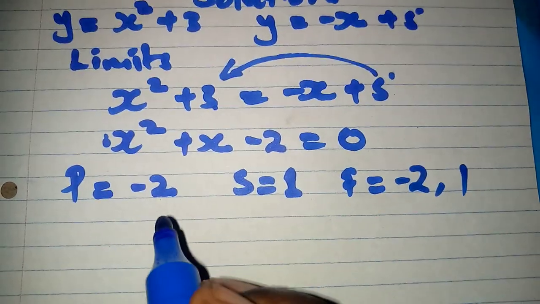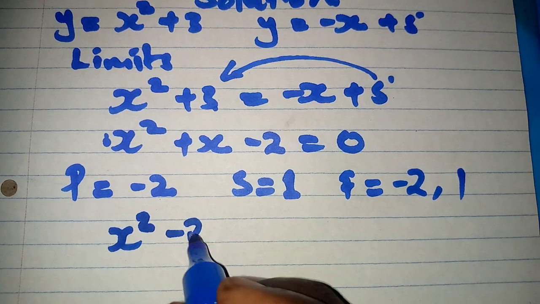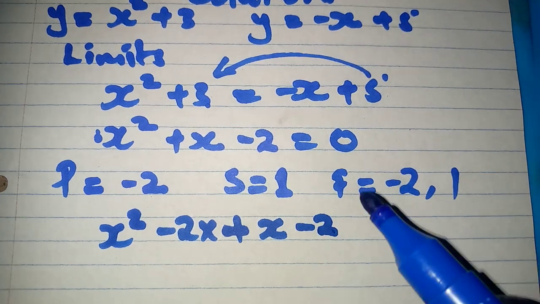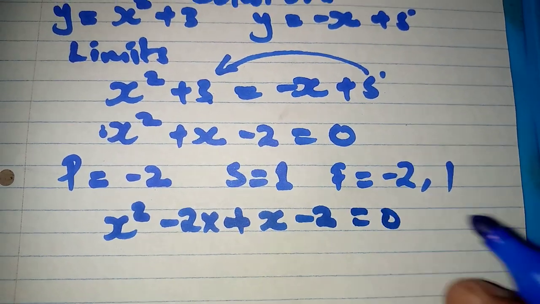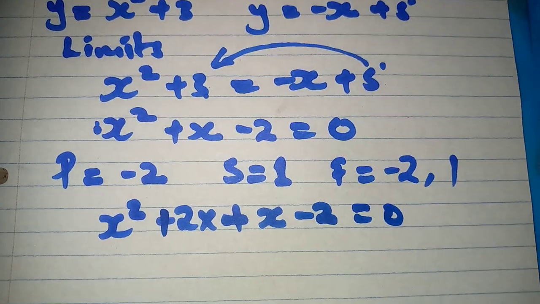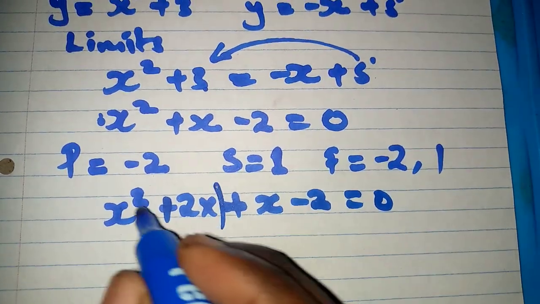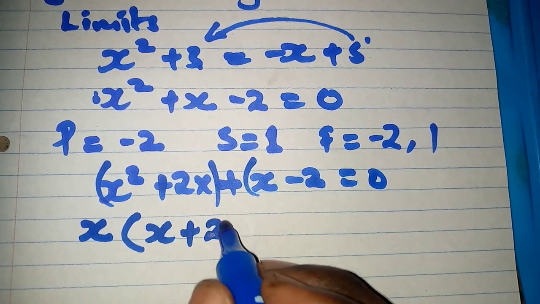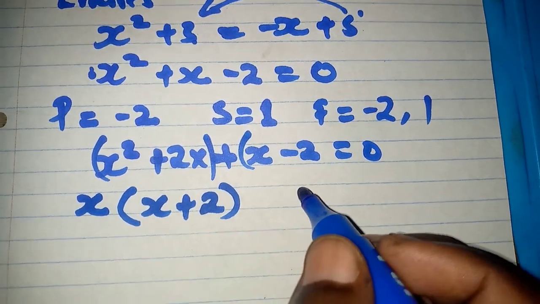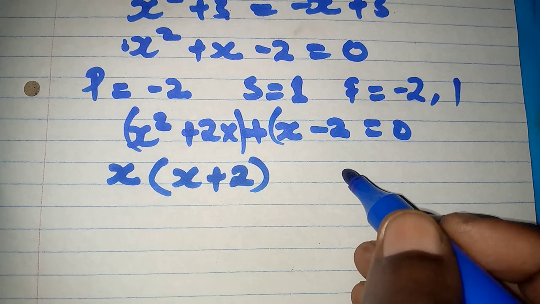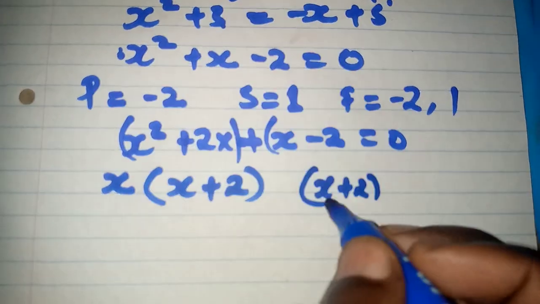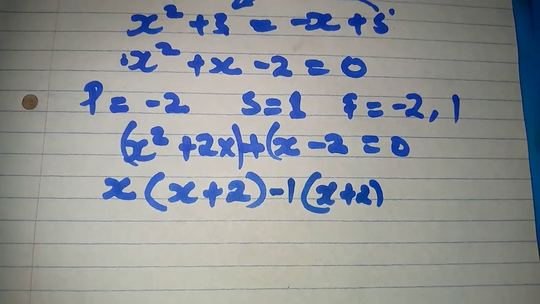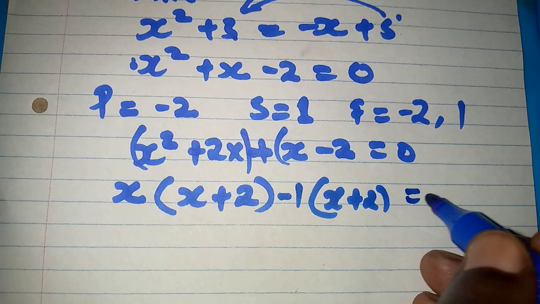Replacing, I have x squared minus 2x plus x minus 2 equals 0. Grouping, x into x plus 2, and the other side x plus 2 multiplied by negative 1, equals 0.